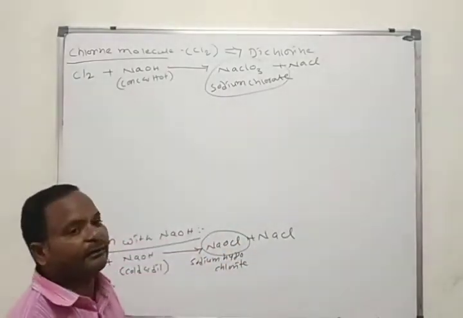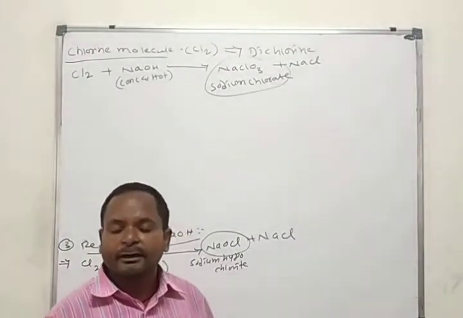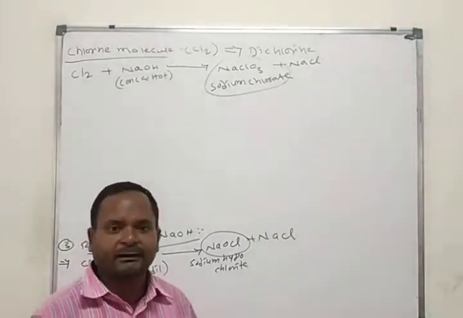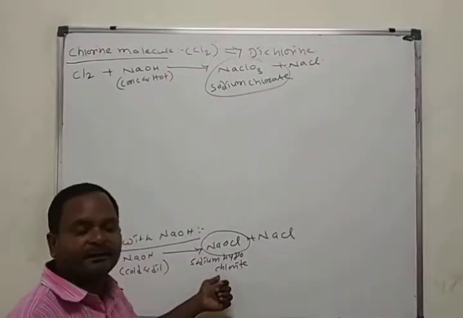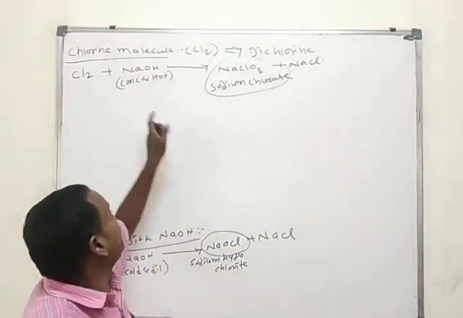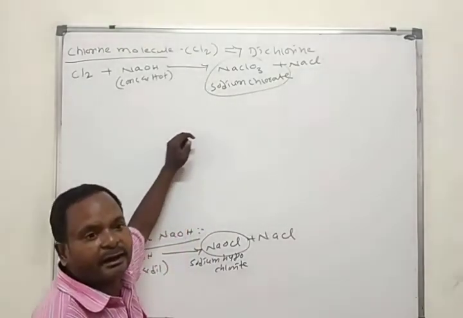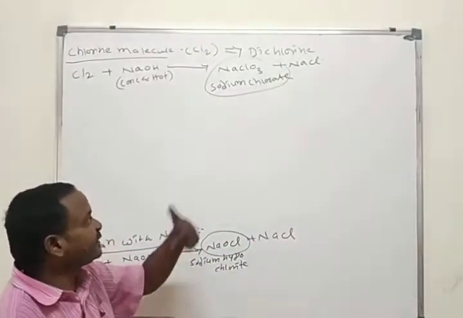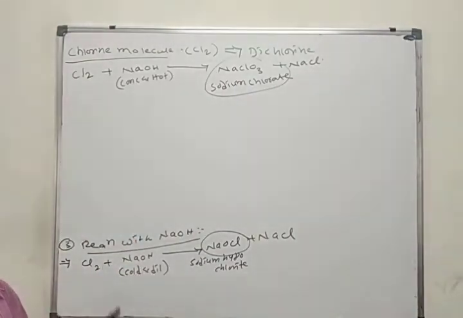This is the difference. That means when chlorine reacts with sodium hydroxide, we get 2 types of compounds. With cold and dilute, sodium hypochlorite was formed. With hot and concentrated, we got sodium chlorate.